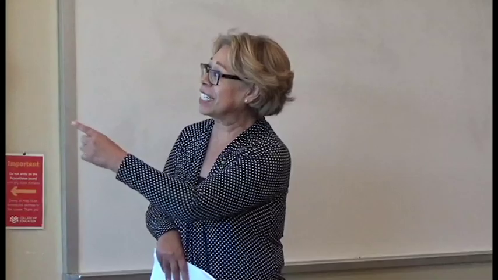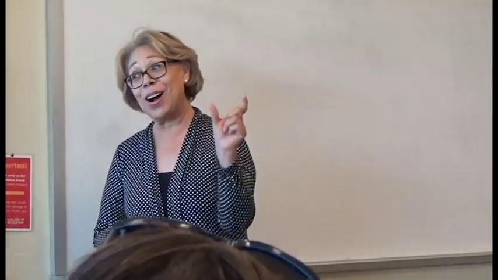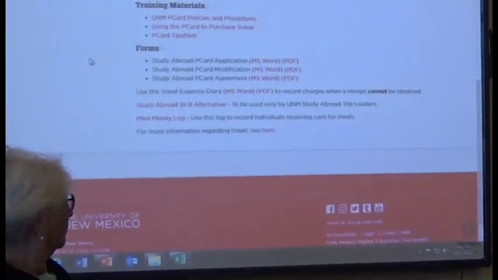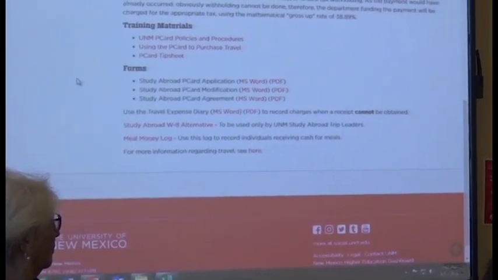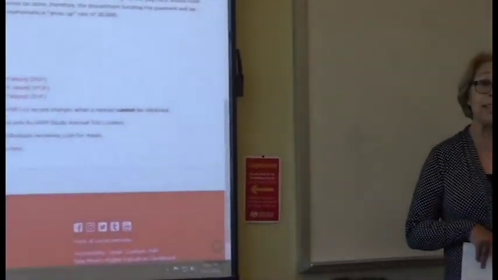That training is pretty fast and you get through it, you sign the P card agreement, and you do the application, and lo and behold, you have a card. And with that card, you are able to pay expenses for your program. The catch is, those expenses most often are expenses paid in the field.